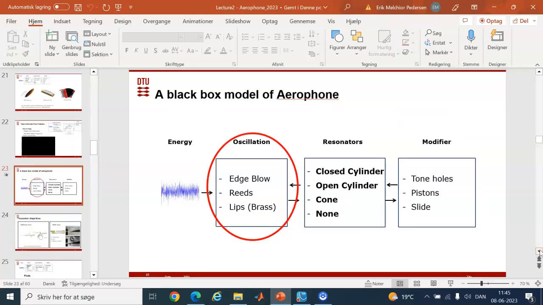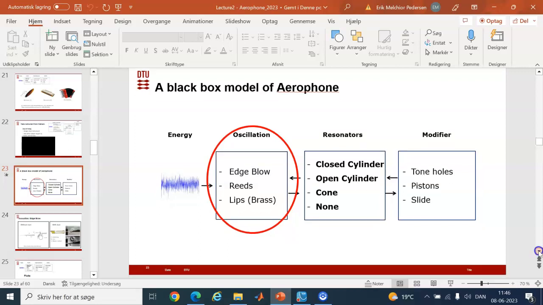And then we continue the black box model of aerophones. Edge blow, reeds, lips as brass instruments. There could be resonators: closed cylinder, open cylinder, cone, or none of these. Modifier: tone holes, pistons, or slides.